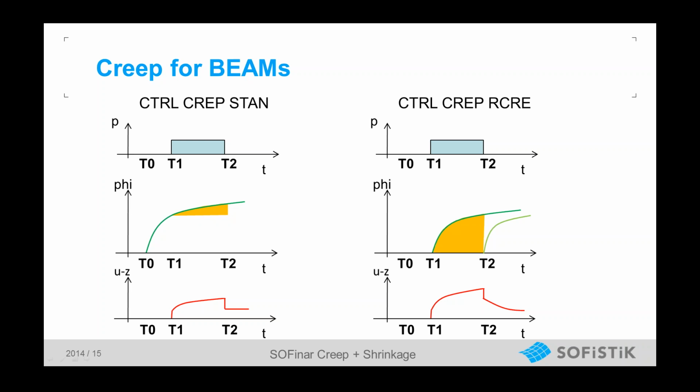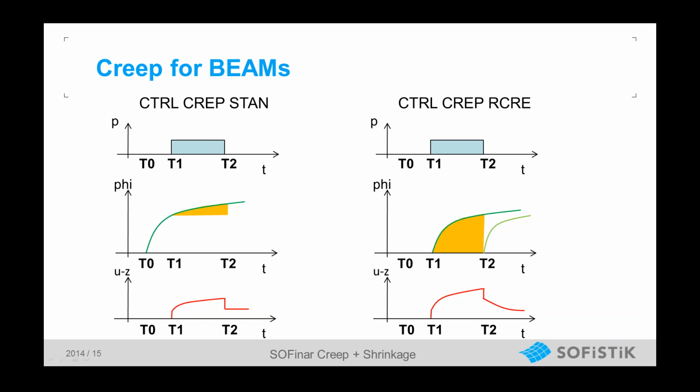Now, exactly the same will be handled slightly different when we're using the real creep. So using real creep means that the creep value for every single time step will be created new, starting at 0. So what you see here is we start loading our system at T1.